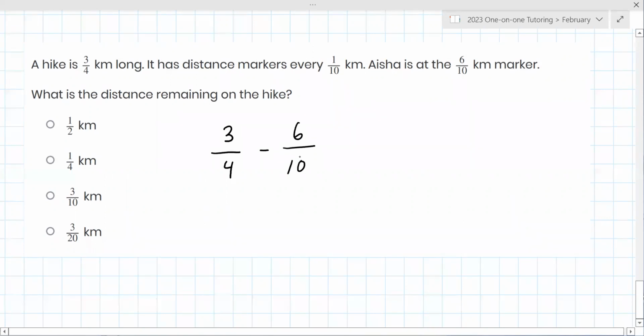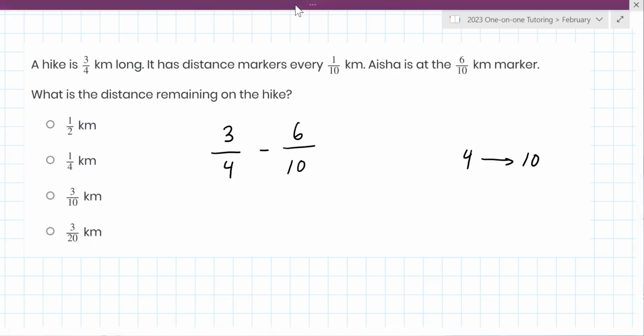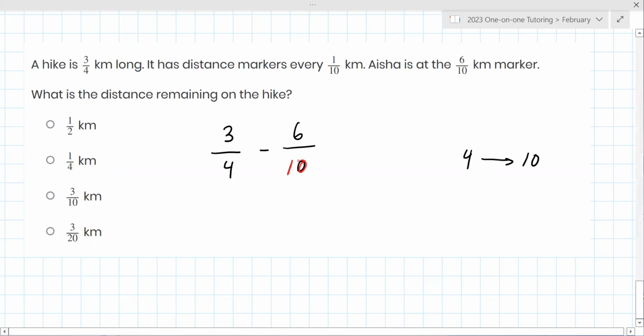So question to you, can 4 go to 10? Can you multiply 4 by a whole number and get to 10? No. So that means we have to multiply each fraction by the other number. So you have to take this 4 and multiply it by 10.